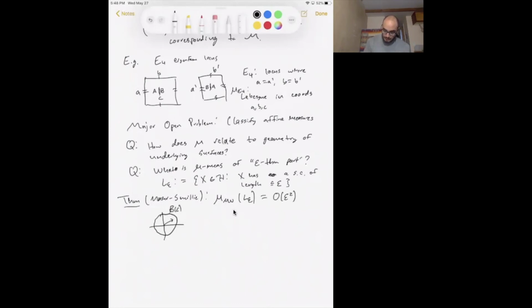And then the Lebesgue measure of a ball of radius epsilon in R2 is just pi epsilon squared. So the contribution to the measure from this one short saddle connection is like pi epsilon squared, and then you have to worry about all the other saddle connections. But it turns out that the most important term is coming from the short saddle connection.